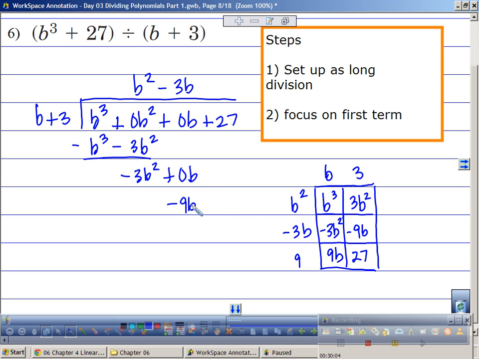Do you guys see how these numbers match up exactly what's in here as I'm doing this? So I get negative 9b and negative 3b squared. Draw the line, change the sign. 9b plus 27. So it's plus 9. I got the same answer, right?